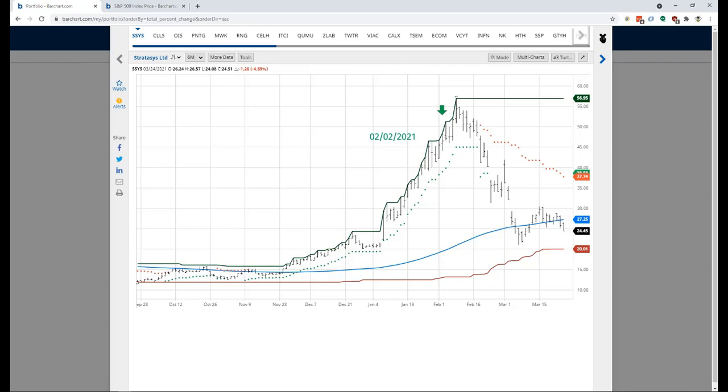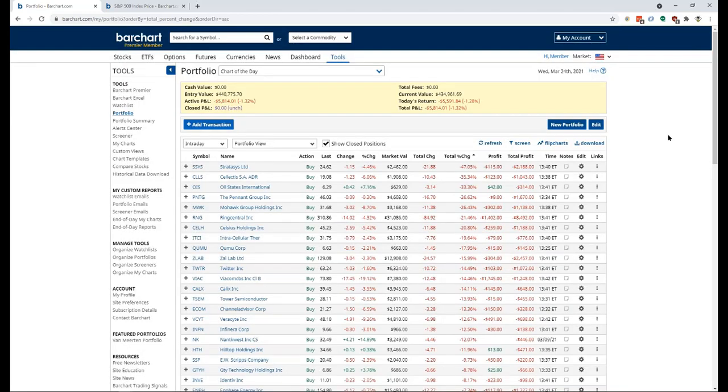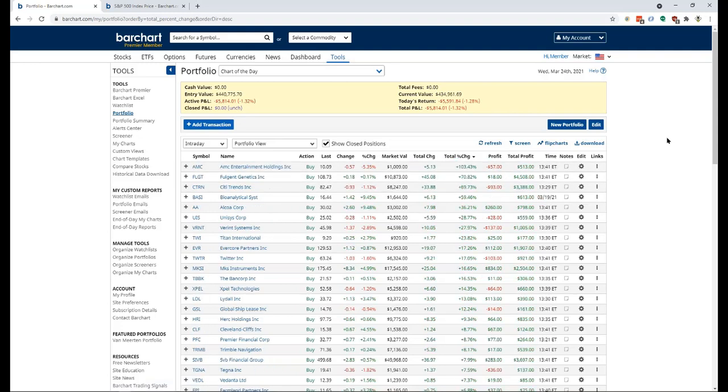Suppose your benchmark is the S&P 500. If your stock isn't making more than the S&P 500, then why didn't you just buy the IVV S&P 500 ETF and sit there with it? So you're wanting to make sure you have that. Now, one of the benchmarks that I use is the Value Line index. And the reason I use the Value Line index as my benchmark is because it is not capital weighted.